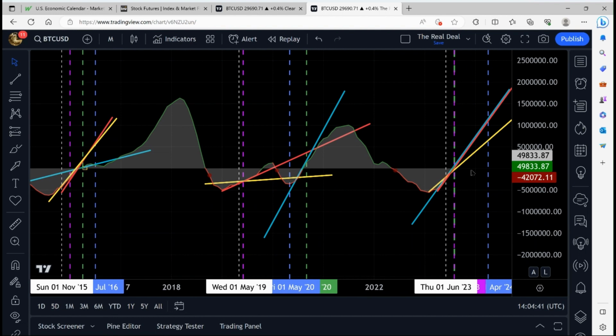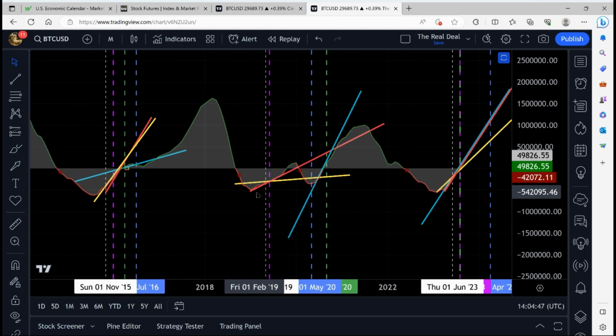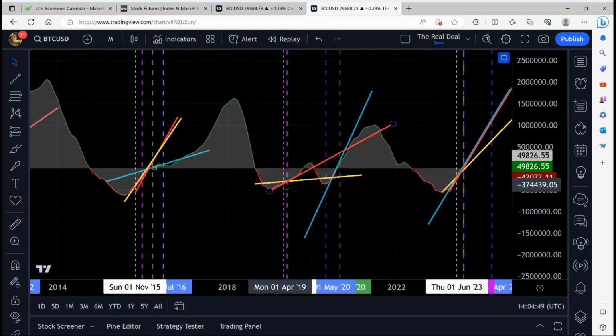The reason 2019 was messed up was because of the slope of this red line here. I believe the slope of this oscillator doesn't predict price action, but it gives a look at whether price action will be supported.